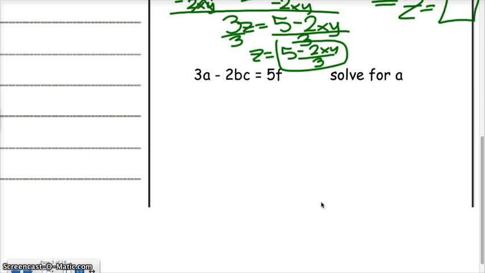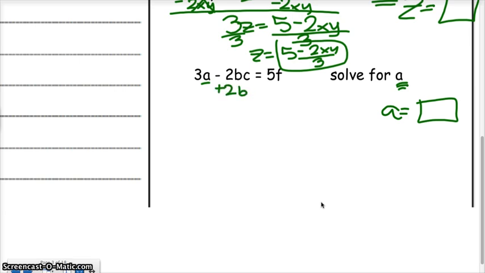Okay, 3a minus 2bc equals 5f. I want to solve for a. So I want a to equal something. A equals something. Underline it. First, I move what's not connected. What's not connected to my a? 2bc. How do I move the minus 2bc?